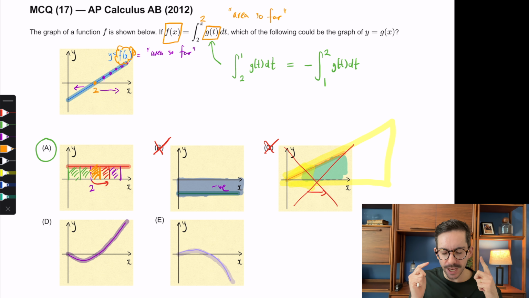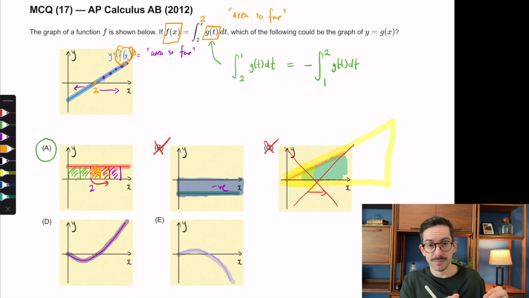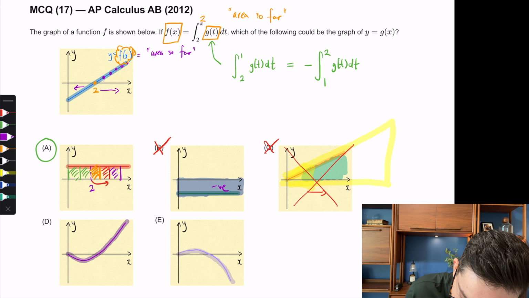So we should be thinking, what kinds of functions, when I integrate them, do I get a linear function? Well, if you think about your standard derivatives and antiderivatives, power rule, all that good stuff, you know that if you integrate something and you end up with a linear function, you had to have started with a constant function to begin with.